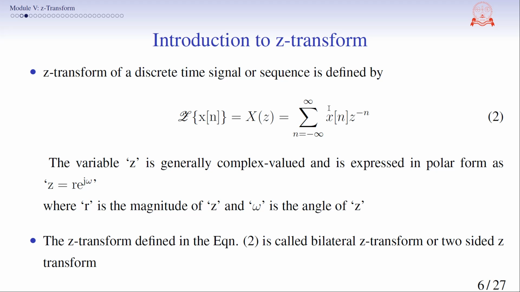The above equation, that is x of z equal to summation n is equal to minus infinity to plus infinity x of n into z raised to minus n, is generally termed as the bilateral form of Z transform or the two-sided Z transform, since the summation is ranging over all the integer values from minus infinity to plus infinity.